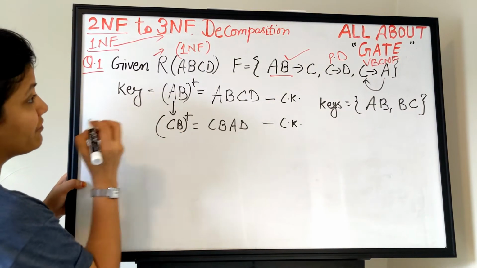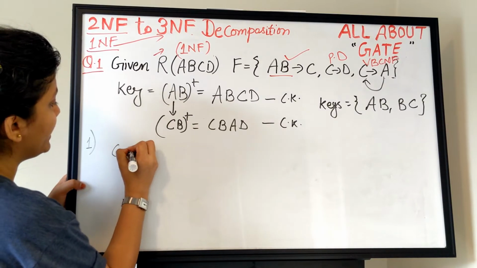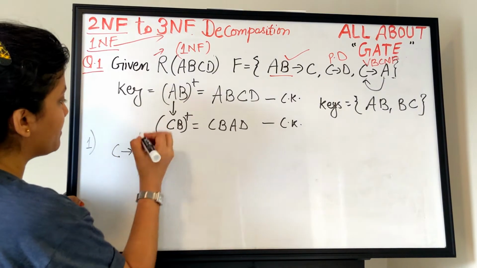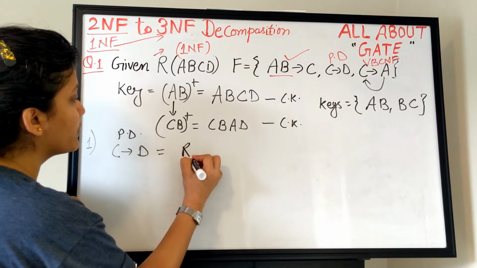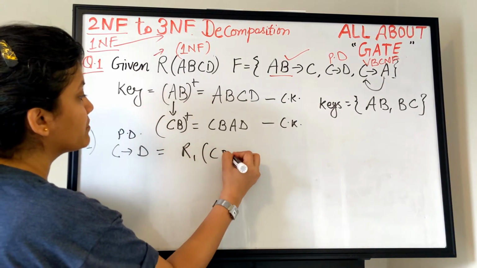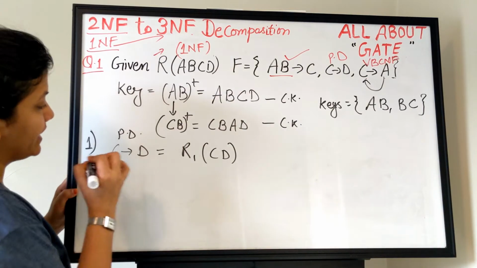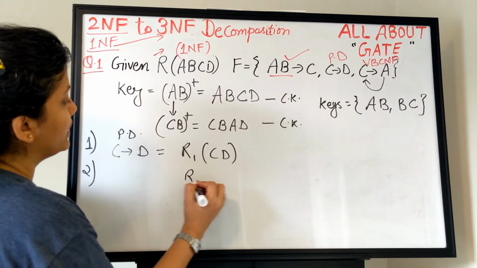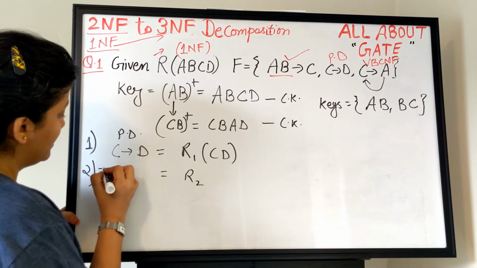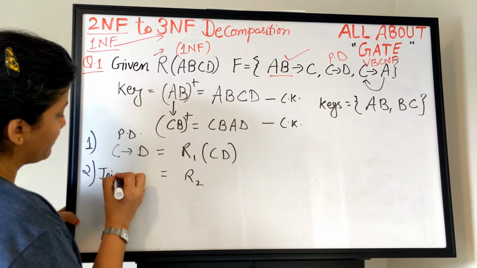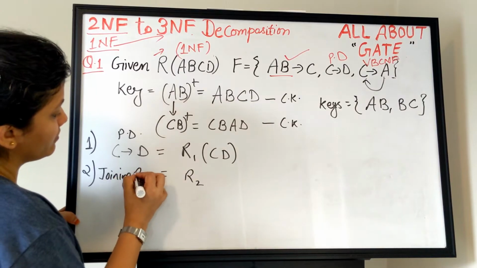So here you go, the problem. We have the very first problem, that is C to D, and that is a partial dependency, so that is the only problem. I'm going to put that into R1, so it becomes CD. Don't say the second relation R2 is going to come from C to A. No, this is just the joining relation.